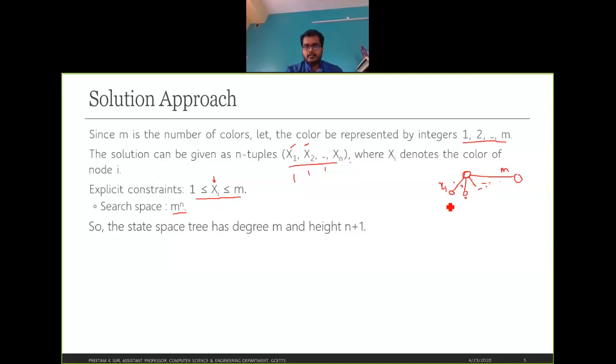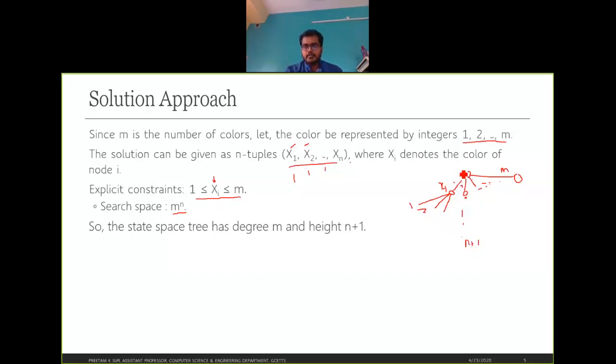Once you have chosen the color for x1, you have to choose the color for x2, the second vertex. Again for the second vertex you will have m options available: color 1, color 2, up to m. So there will be a height of n plus 1.